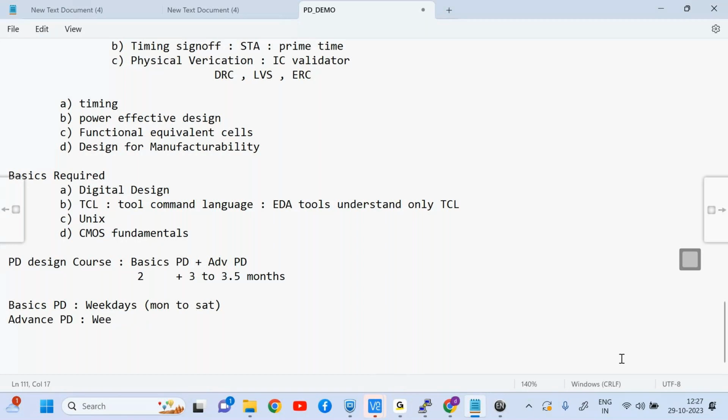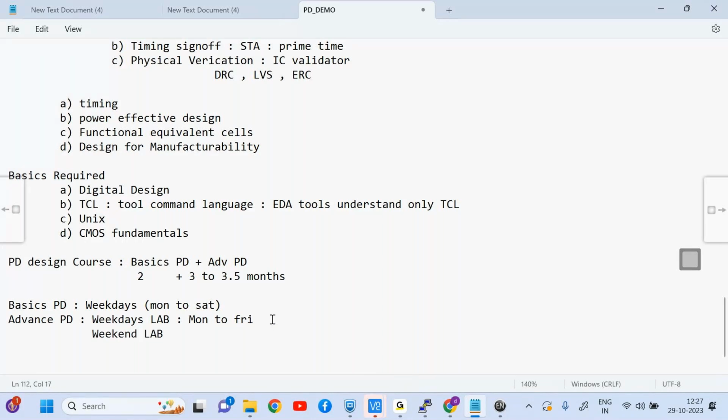Weekdays is from Monday to Friday. So this is only lab; weekday labs we have. In weekday labs you will work on the tool. In advanced PD you are working on the ICC2 tool, and we have weekend lab.